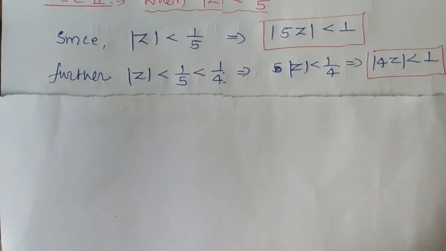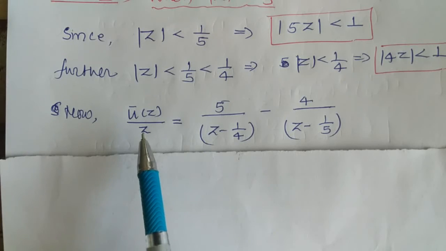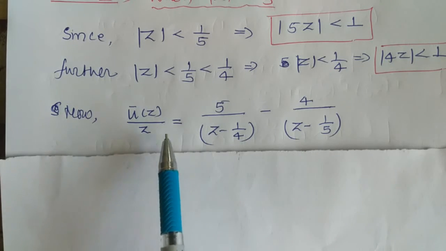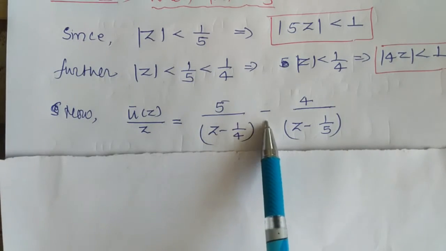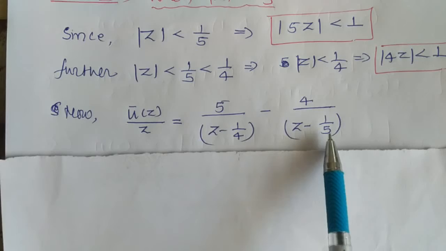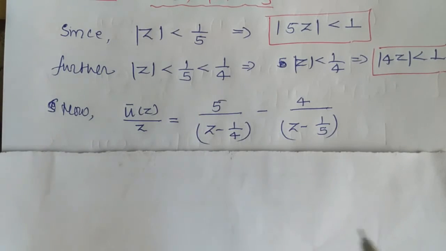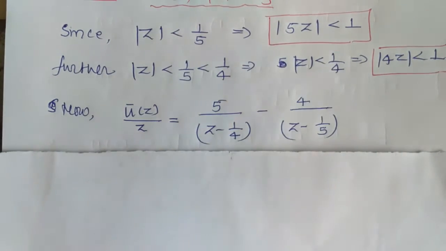Now we have U bar(z) upon z. By partial fraction, U bar(z) upon z is equal to 5 upon z minus 1 by 4, minus 4 upon z minus 1 by 5. This we have from partial fraction. Now we have to expand these expressions in terms of 5z and in terms of 4z.